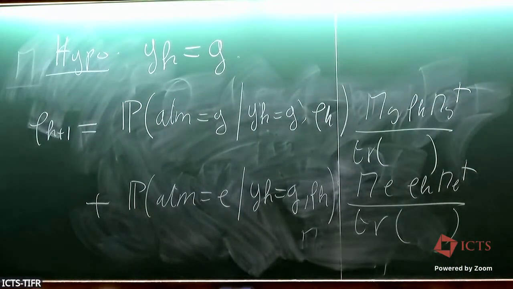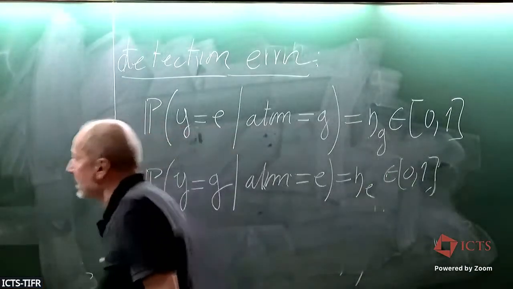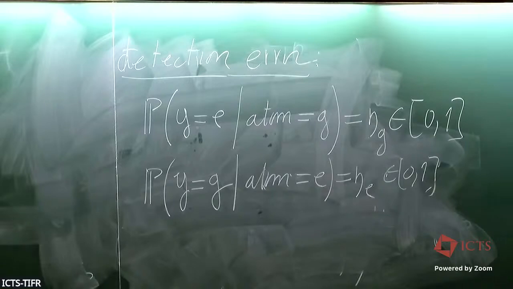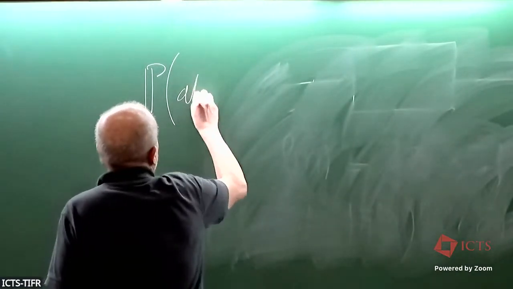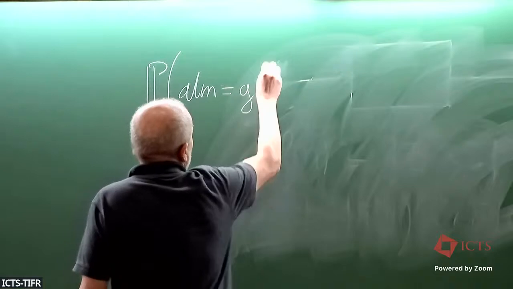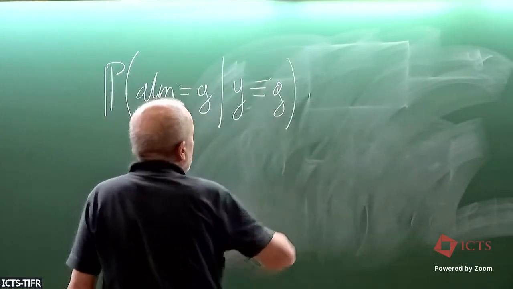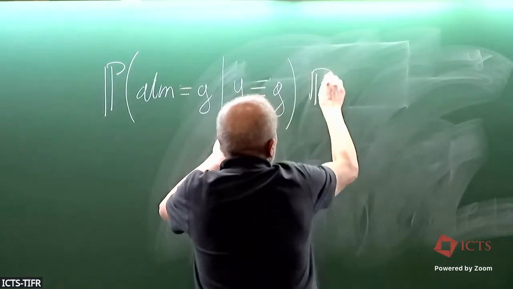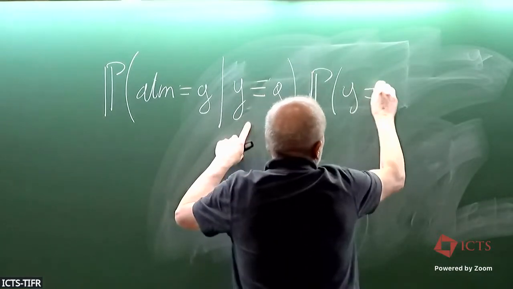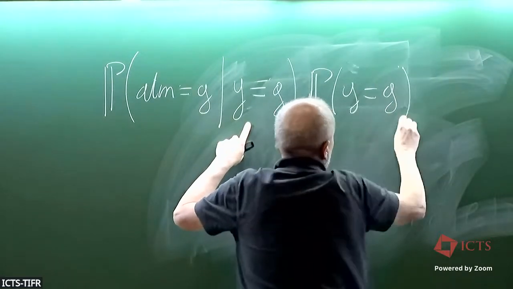If I do the computation here, remember this thing. So I use my favorite Bayes rule. I have a probability, and I am interested in this: the atom is in G, knowing Y is in G, times the probability that Y is in G. What is it?